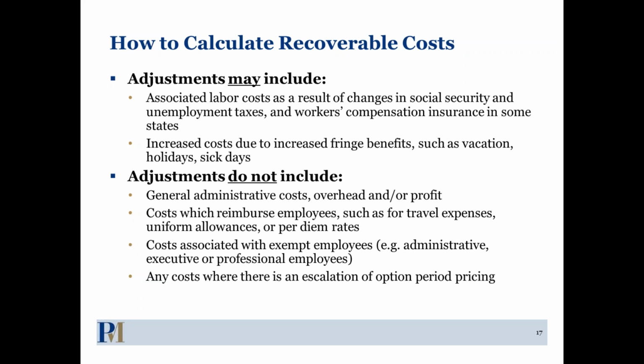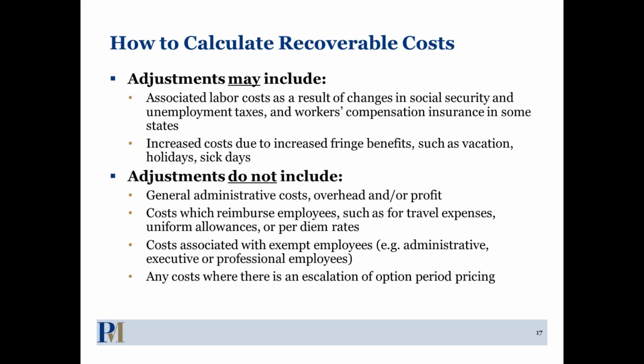Any costs that you might decide to apply to exempt employees are not applicable under this clause. The one key thing that I think some contractors don't understand is the price adjustments clause is an either-or proposition. When you go out to bid for a contract, you can either bid in escalation in wage rates over the base plus 4 years or whatever the cost might be, or you get to take advantage of the price adjustments clause and basically flatline your wages and fringe and then take advantage of the price adjustments clause.